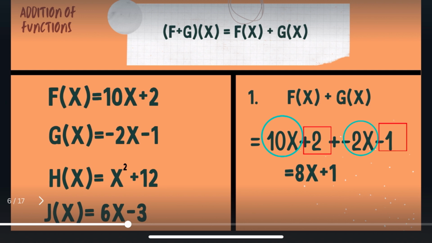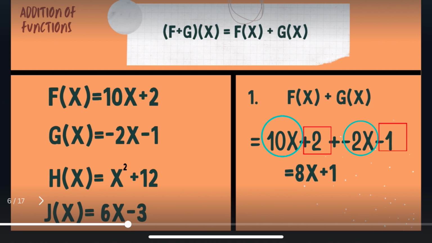All you have to do is add the first numbers of each function, or what we call the x, or domain, of each. So the terms are 10x and negative 2x. So we just have to add them. So 10x plus negative 2x is equal to 8x.